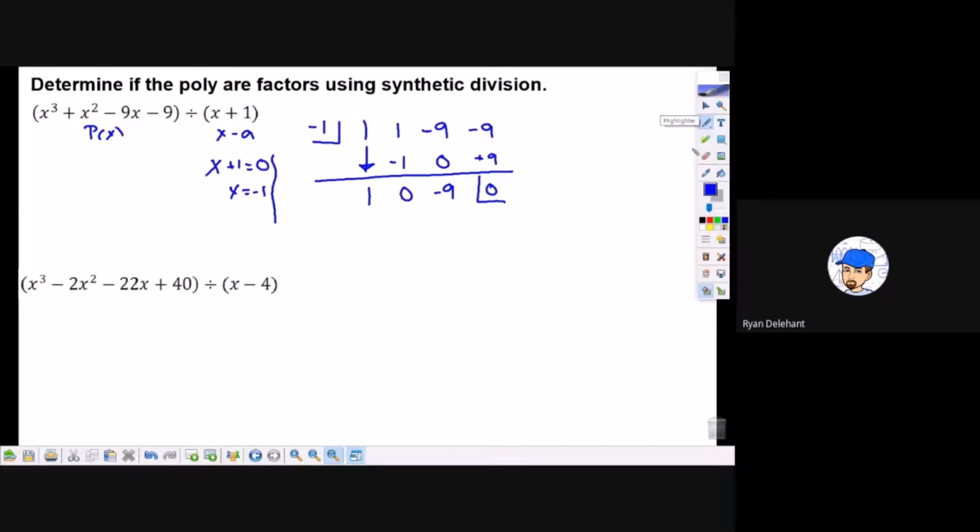So is this a factor? Yes, because this number right here stands for the remainder. So that means I found a factor. And what's left over when I'm done with my division, I put these together. So that means if I did this division, I would get x squared plus 0x minus 9.